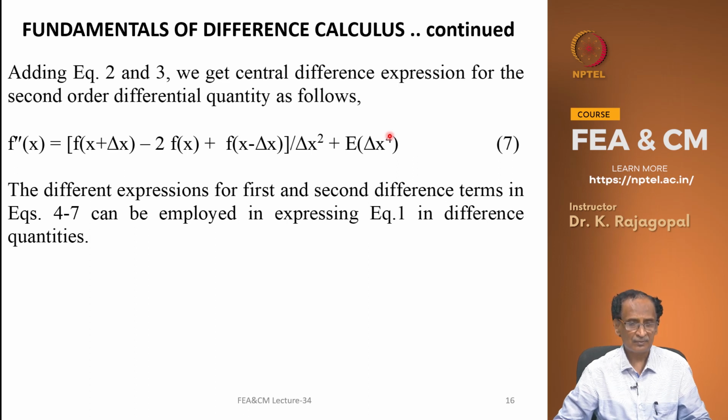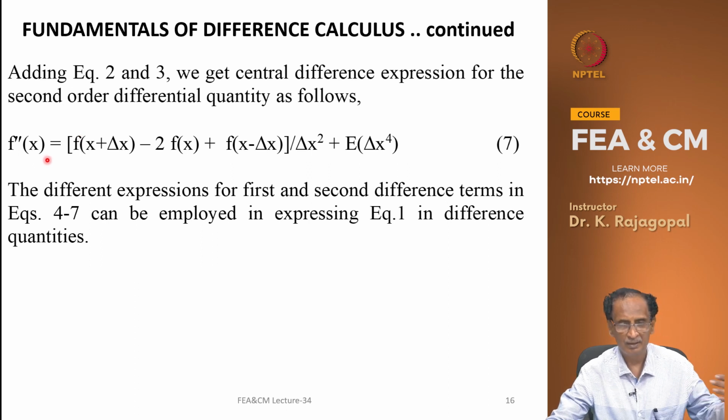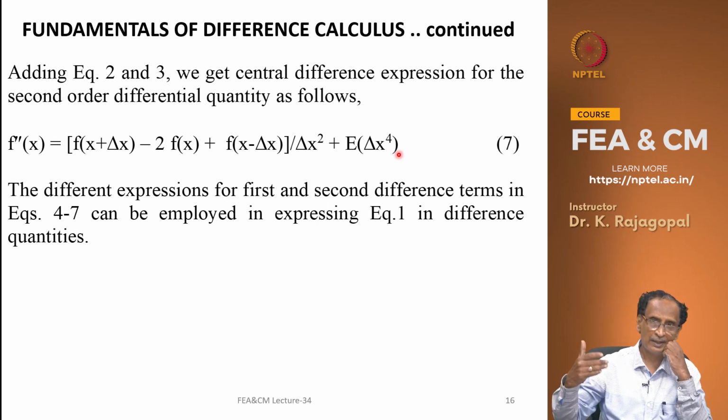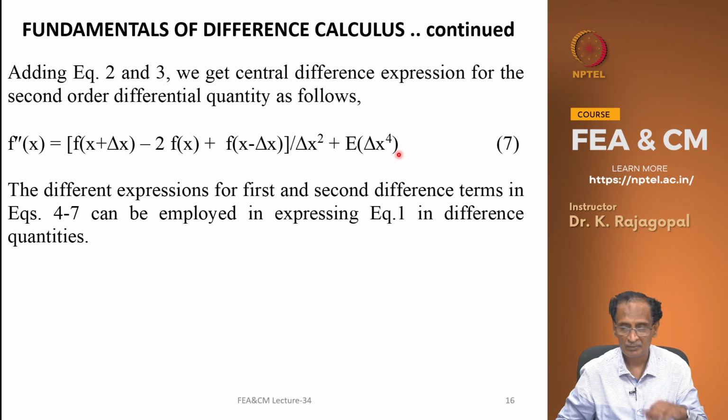And we can also determine f double prime by adding these two equations 2 and 3, and we get a slightly different equation. And here the error is of the order delta x to the power 4, because we are neglecting the terms starting from delta x to the power 4.